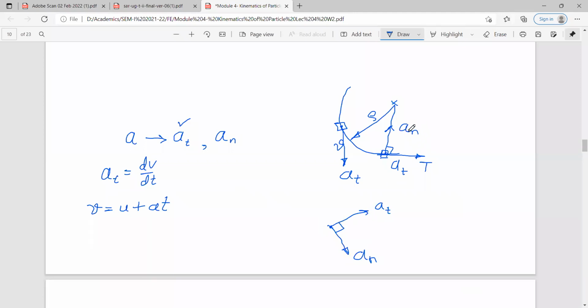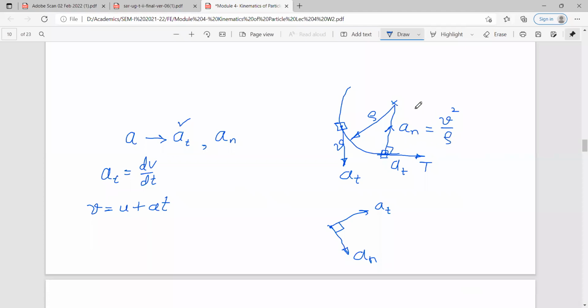And also we got the formula for normal component: normal component is equal to v square upon rho, where rho is the radius of curvature.